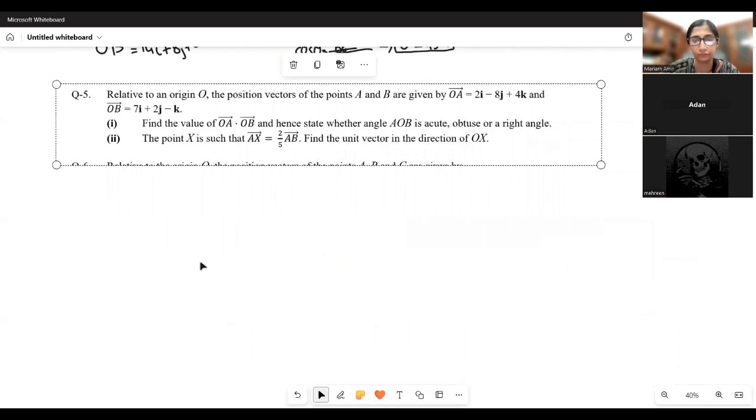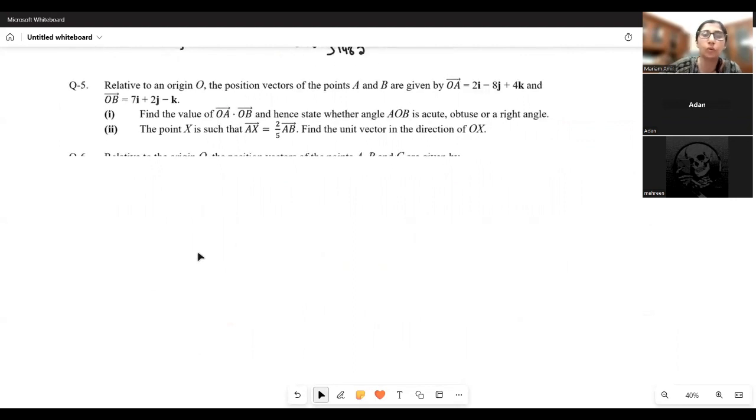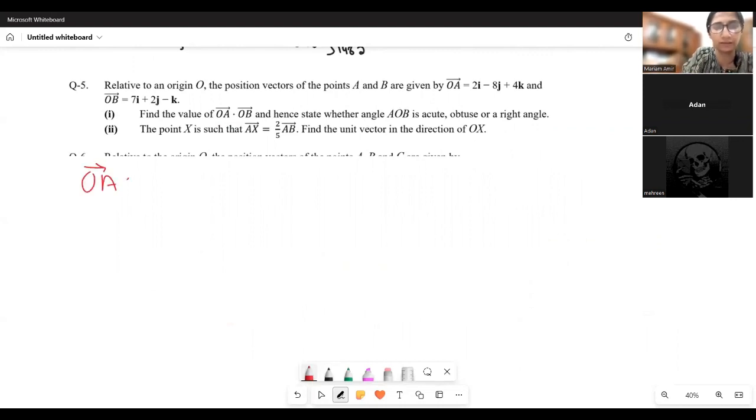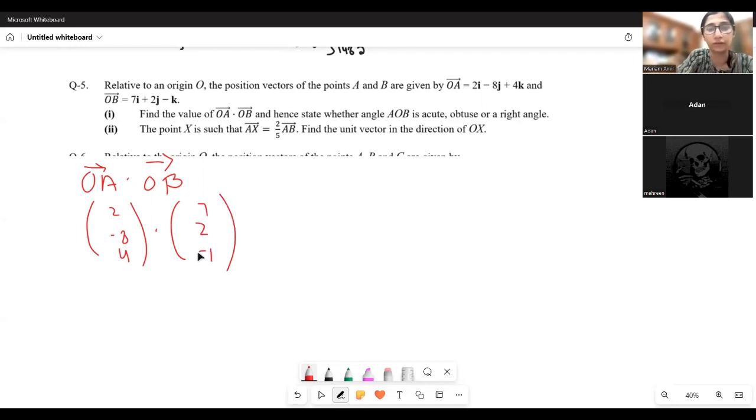Okay, question 5. Relative to O, the position vectors of A and B are given by this and this. Find OA dot OB. For that, we will need the column vectors because that makes the working slightly easier, although you can still use IJK to find the dot product. 2, minus 8, 4 is OA as the column vector, and 7, 2, minus 1 is OB as a column vector.